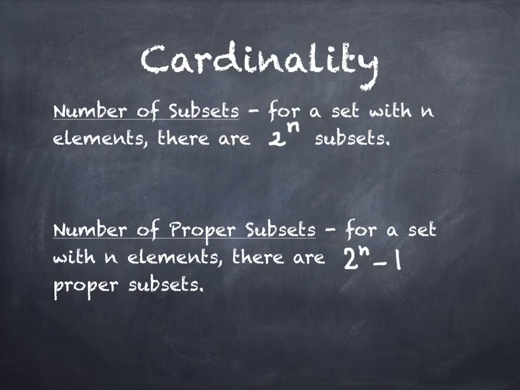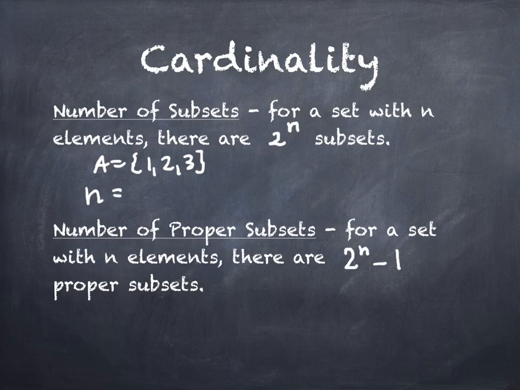And that's what this, here we go, gives us. So take a look. This says if you have n elements in your set, then you will have 2 raised to the nth power number of subsets. Let's check to make sure it worked. Our set A just a moment ago was the numbers 1, 2, 3.